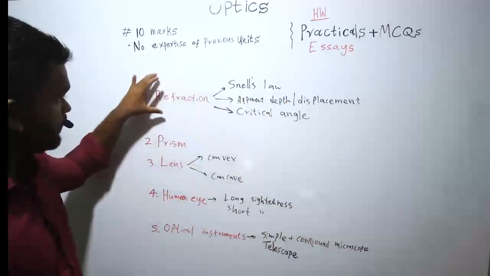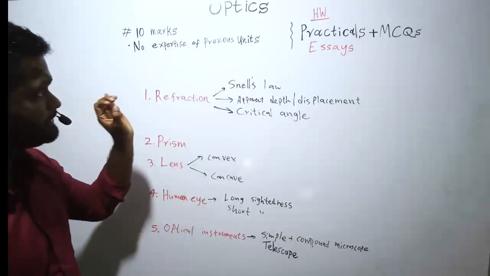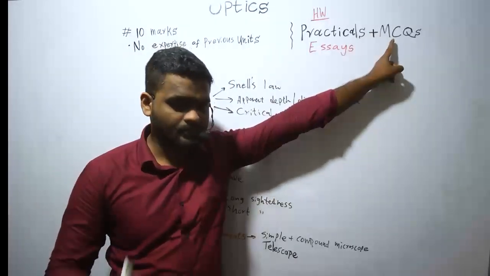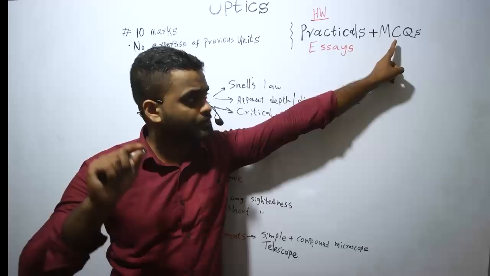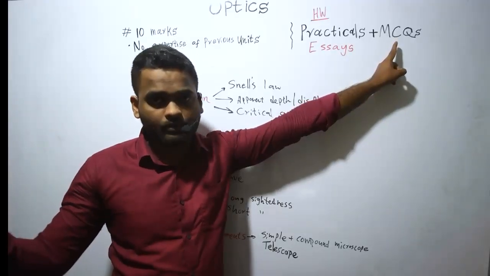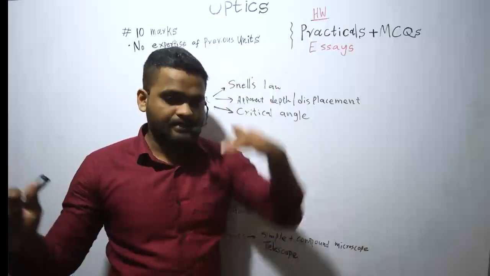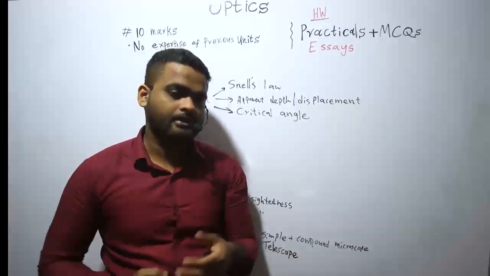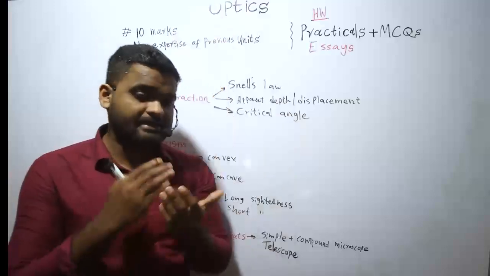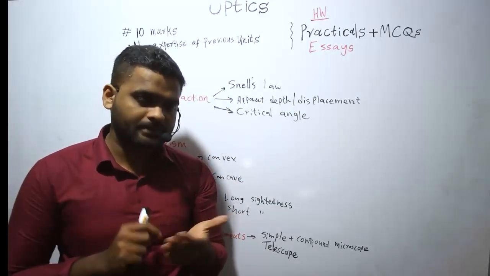Likewise, once you cover this refraction part, you have to first do the past paper MCQs from 92 to 2024 under refraction. I'll give you the MCQs, right? After that, you have to watch the practicals video and take notes from that as well.